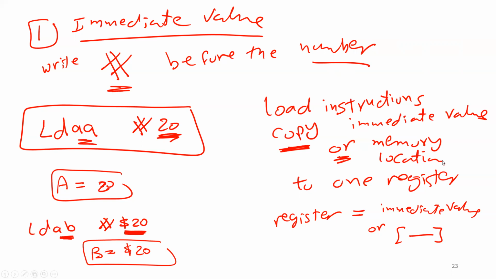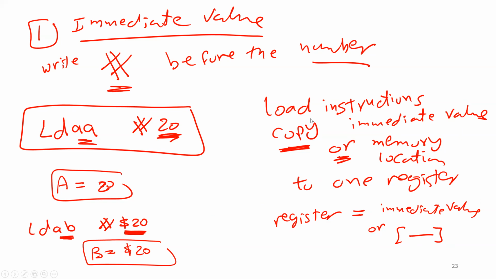So for example, now we have the load instruction. I'm going to teach this load instruction later. The load instruction copies an immediate value or a memory location to one register. In other words, if you want to do something like that in C language, the register should equal an immediate value, or the register should equal the content of a memory location.